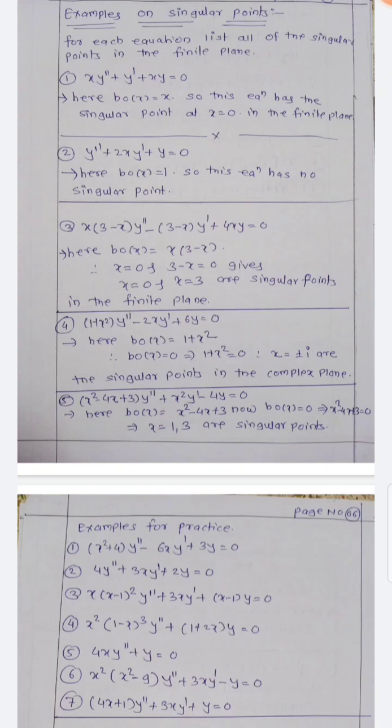Now see here the equation is of second order, that is y double dash is here. Now the coefficient of y double dash is x, that is our b0 of x equals x. So this equation has a singular point at x equal to 0.